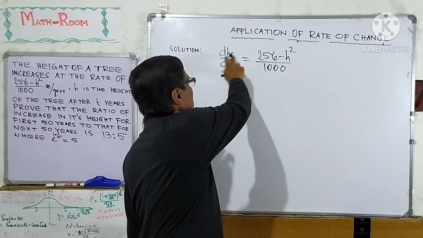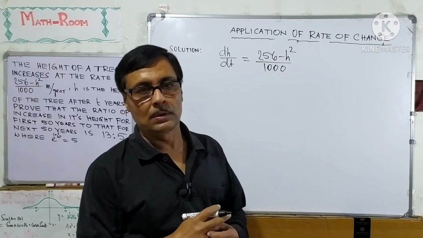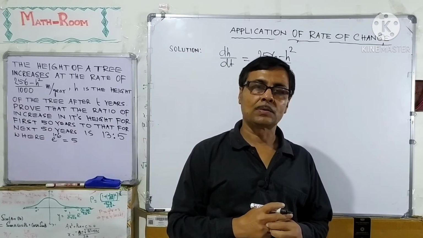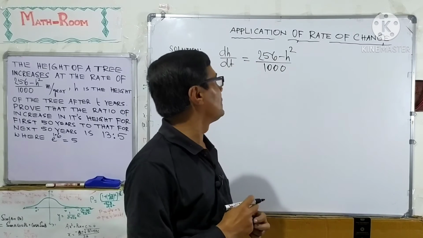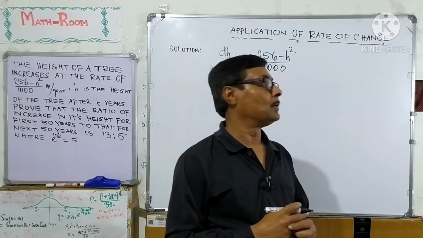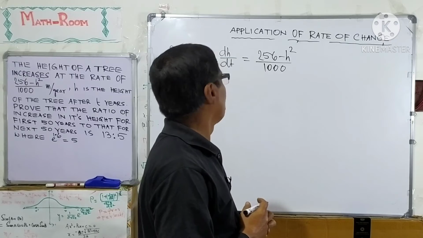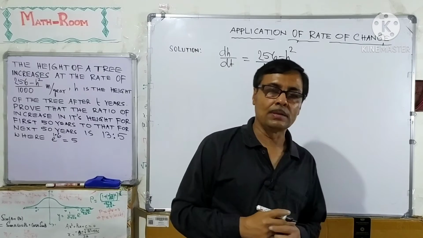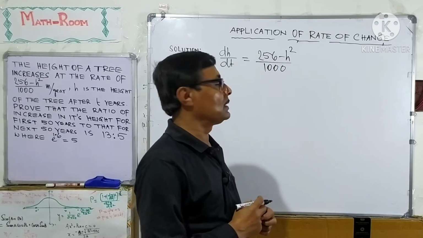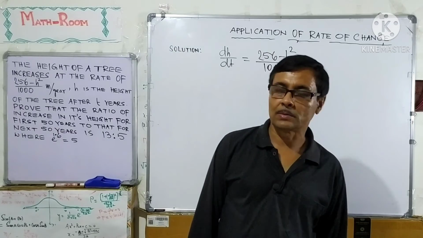Here we can see this equation is a first order ordinary differential equation of two variables, h and t.